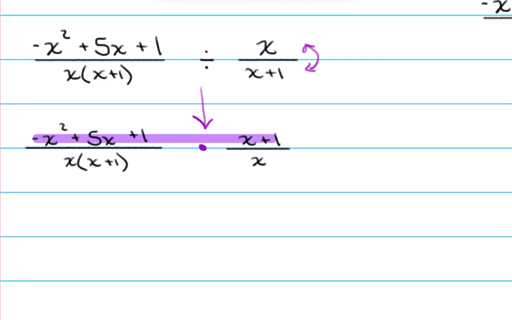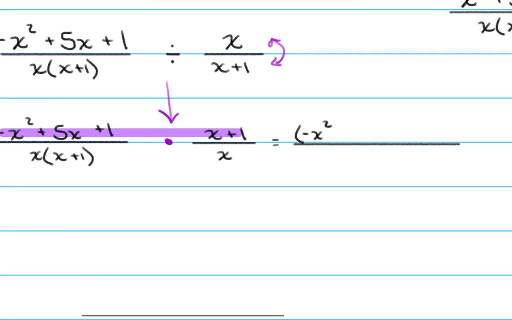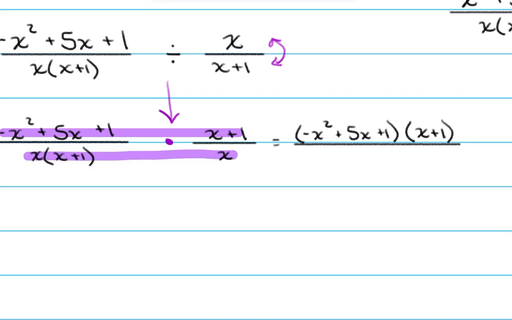So equals, I'm going to do a big long bar, and I'm going to do negative x squared plus 5x plus 1 times x plus 1. And then I'm going to multiply this guy, the x and the x. Those are relatively easy to break apart. That's x squared times x plus 1. Okay? There was a method to my madness.